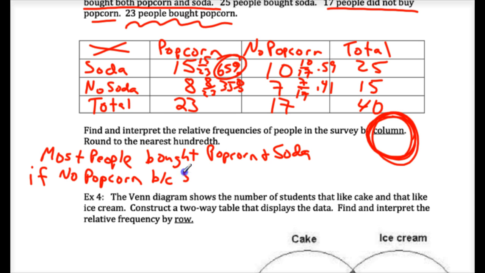Because 59%. Okay? If no popcorn, you bought a soda because 59% of the people did that. More than half of them. That's interpreting your data.